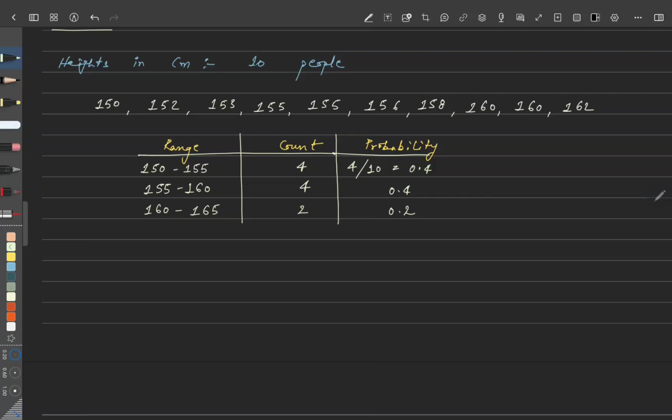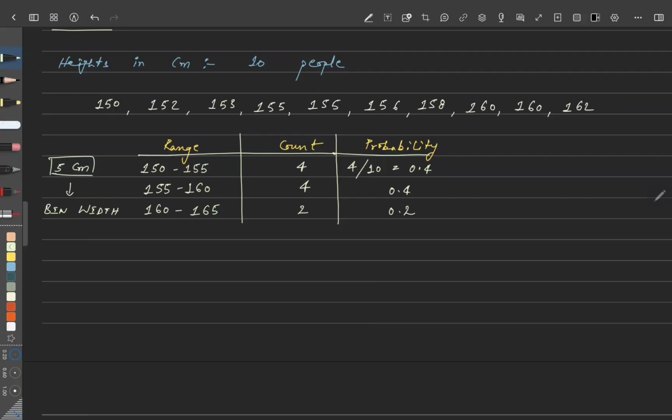Now this is sort of a histogram. Let us convert this histogram into a probability density function. To do that, we'll have to divide the probability by the bin width, which is 5 centimeter. This is called the bin width, or your range basically. 150 to 155 covers 5 heights that you are counting in the same range.